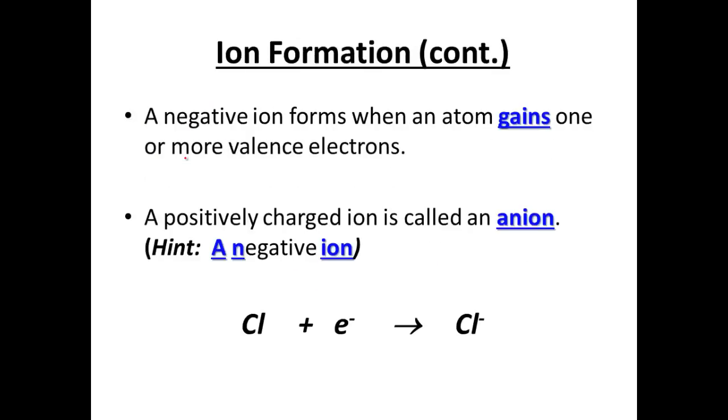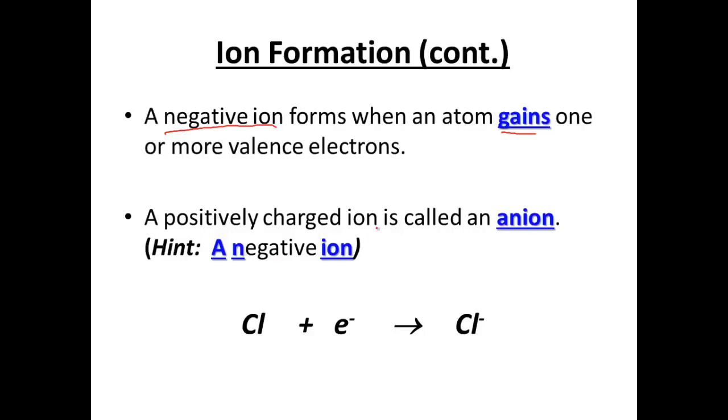Just the opposite, atoms can gain electrons to become ions. If they gain 1 or more electrons, they become a negative ion. So by gaining electrons, they become negative. Electrons have negative charge.